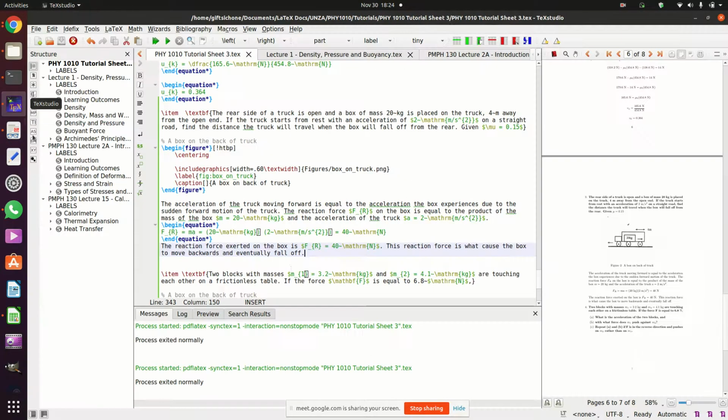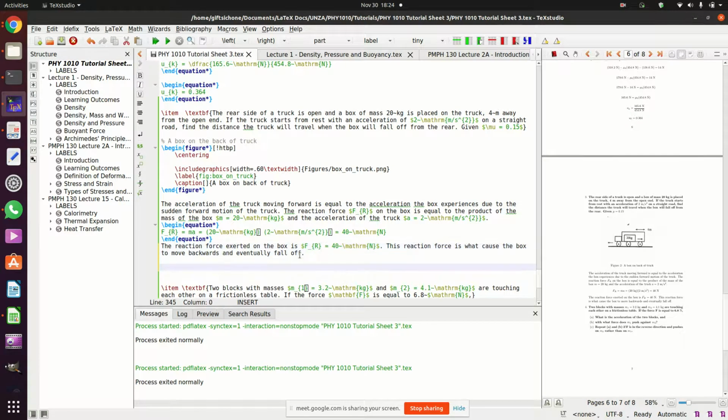So that's where we're coming now. Since the box is moving in the backward direction, or is moving to the right, we choose this direction to be positive.